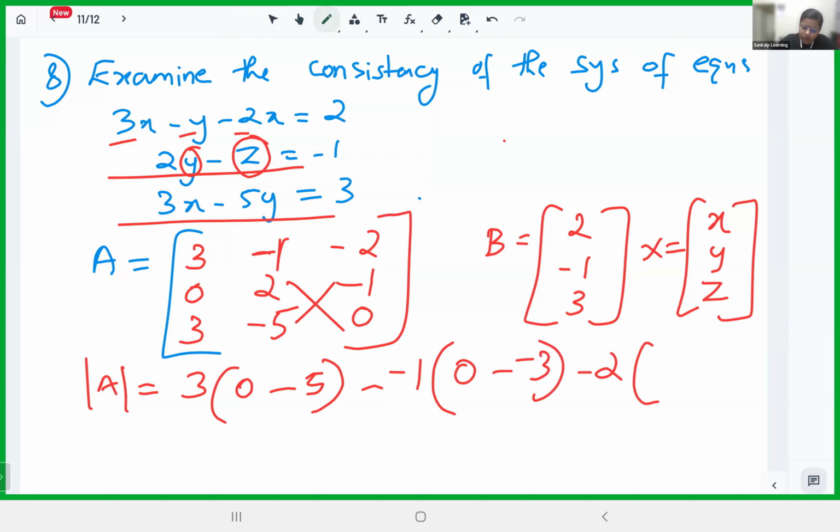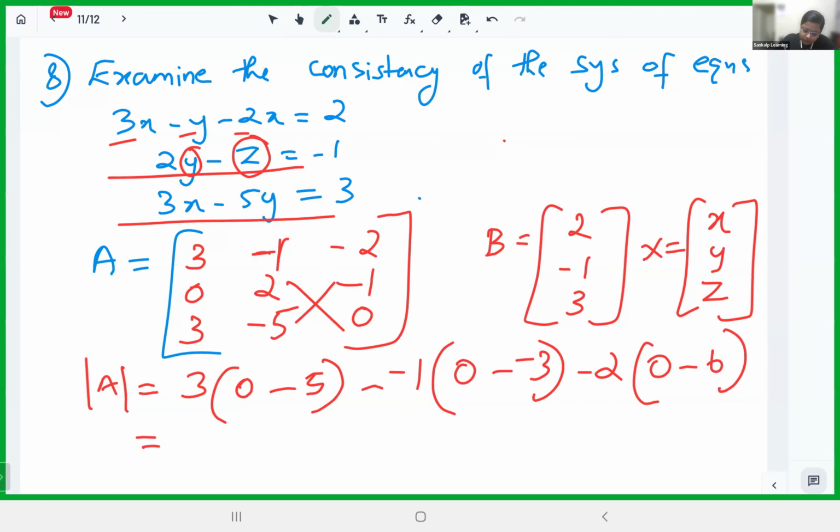Then minus 2 into, the next element is minus 2, right? Deleting the column and row containing minus 2, what is remaining? 0, 2, 3, minus 5. So 0 into minus 5 is 0, minus 3 into 2 is 6.